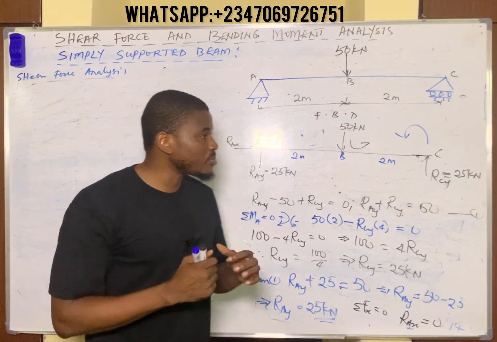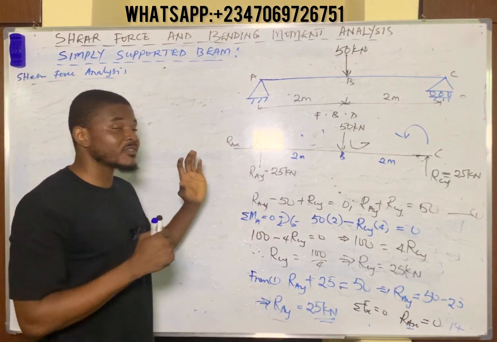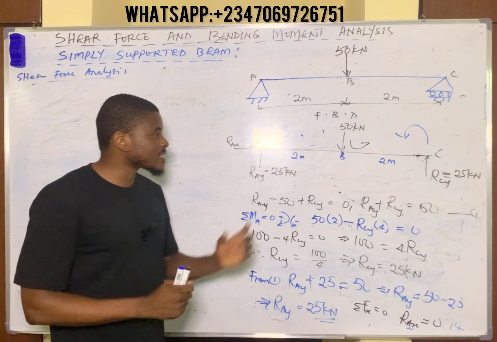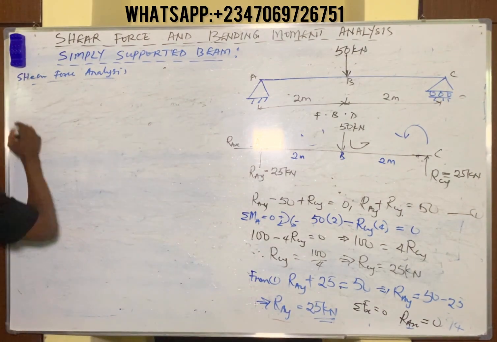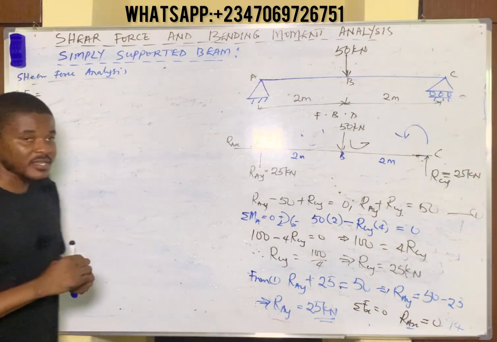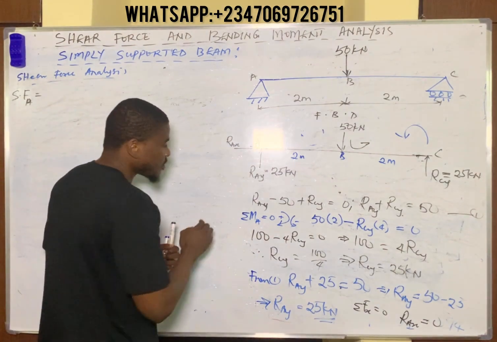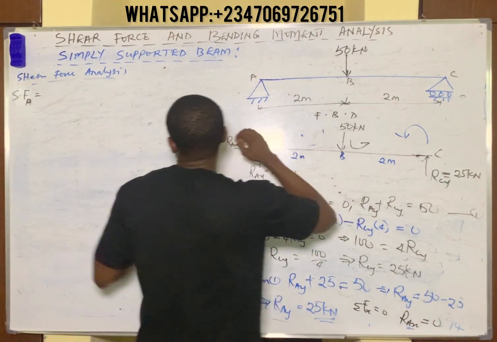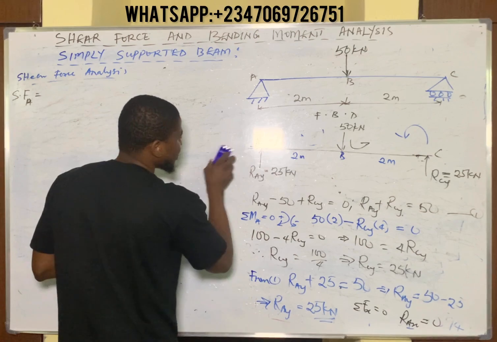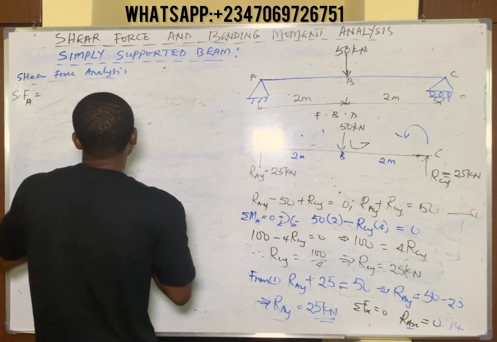So you're simply going to sum the entire force from the beginning of the beam to the end of the beam at each point of the beam. You start from point A, shear force at A. This simply means the force existing at point A. Remember we said RAX is simply 0, so you simply take it off.